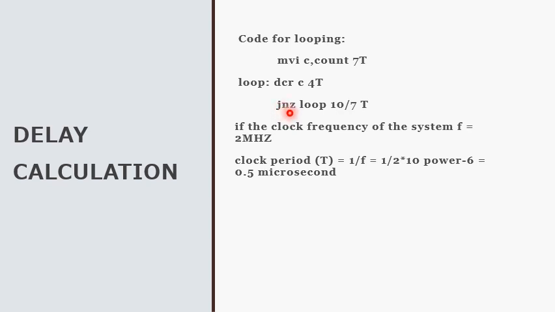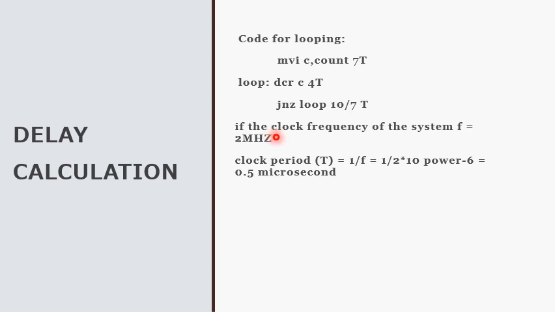After fetching the opcode, it has to read this count value, the data that is written here. So for opcode fetch we have 4 T states, followed by the memory read. Right? For reading the data, it takes 3 T states. 4 plus 3, 7 T states are required for move immediate C comma data.